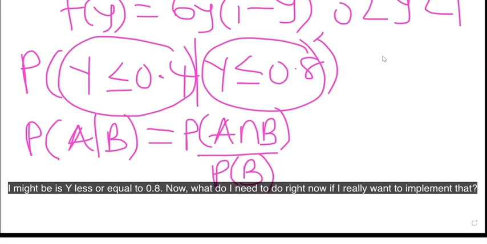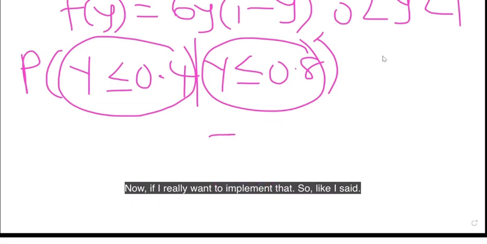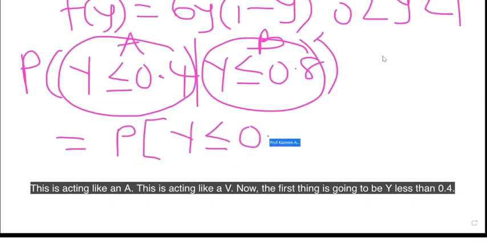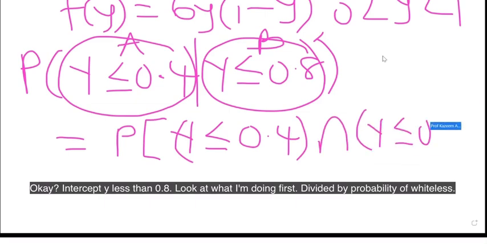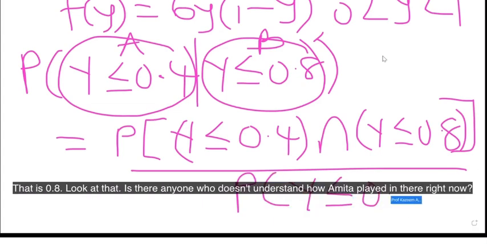So the first thing is going to be the probability of y less than 0.4 intersect y less than 0.8, divided by the probability of y less than 0.8.